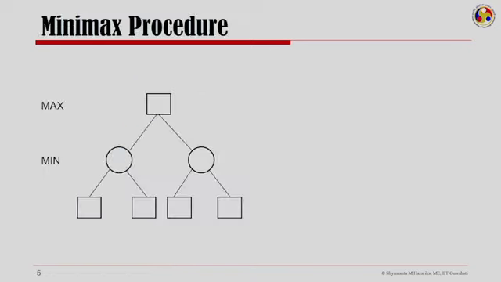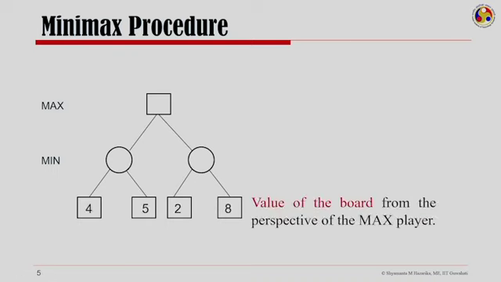So let us take a portion of a game tree and try to understand the minimax procedure. Here is the portion of a game tree, and let us put the evaluations for the leaf nodes. These values 4, 5, 2, 8 are the values of the board from the perspective of the max player.